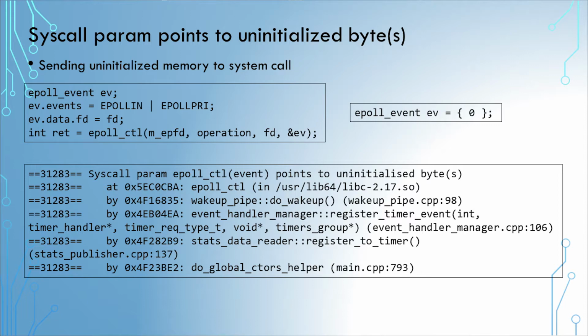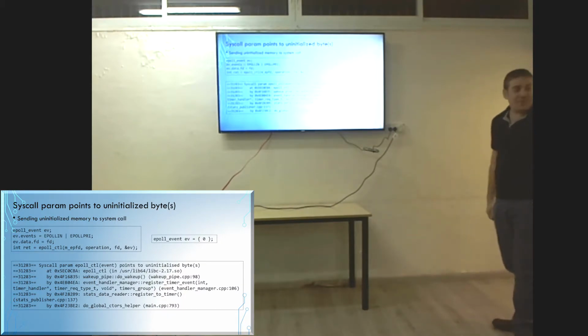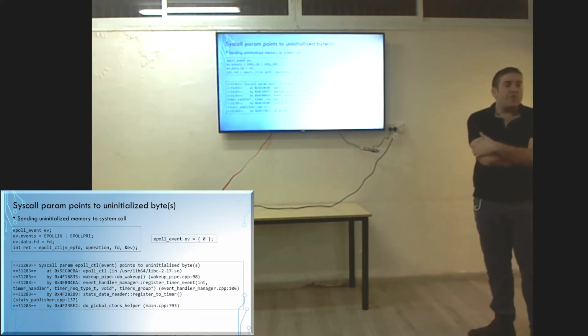It turns out that this piece of code doesn't initialize the entire epoll event struct, only part of it. This might cause issues in epoll control because it's undefined behavior. It detects this only because epoll control actually tries to access the uninitialized fields. So it's not like a static analyzer that knows beforehand.